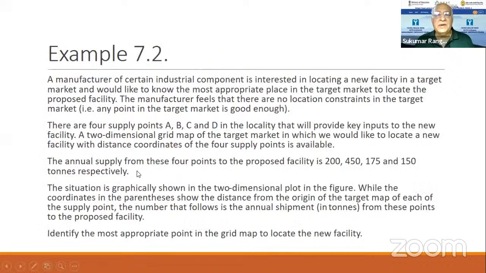Here again, he has given you an example. I will not go into much detail of this. You can go through it when you get your sheet. So based on these factors, identify the most appropriate point in the grid map to locate the new facility.